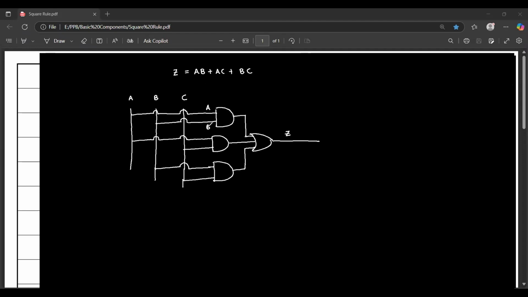Here we have AB as the output. Then we have A and C going through an AND gate, so that will give us AC. And finally, B and C passing through an AND gate, which is equal to BC. And the output Z can be given as AB plus AC plus BC by using AND and OR gates along with them. Okay, so this is the idea of max terms.